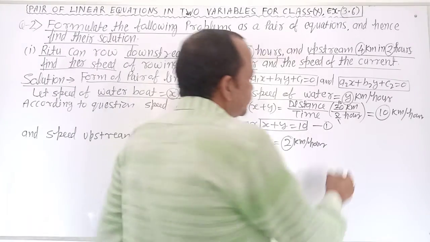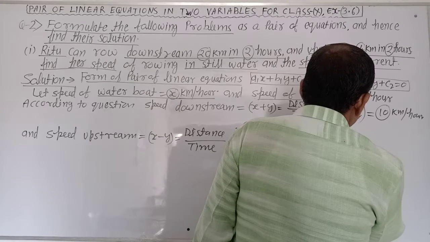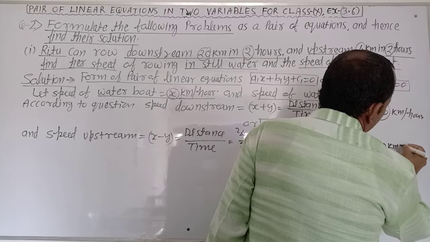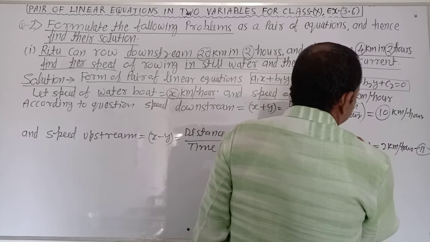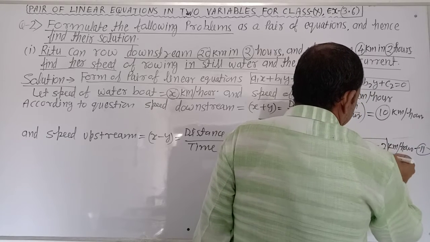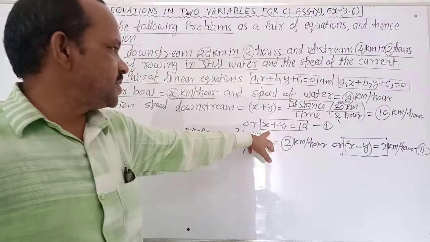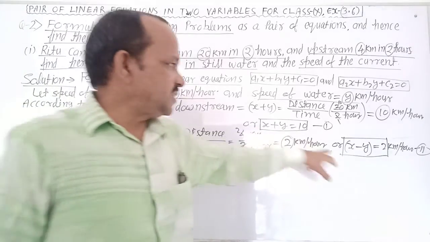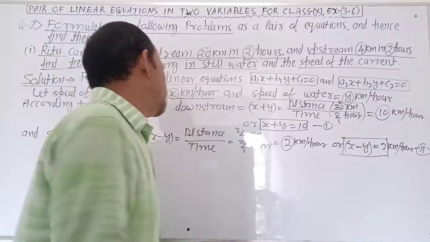Or x minus y equal to 2 km per hour. Equation second. It is equation second and it is equation first. Equation first and equation second is clear. No confusion about it. Very good.